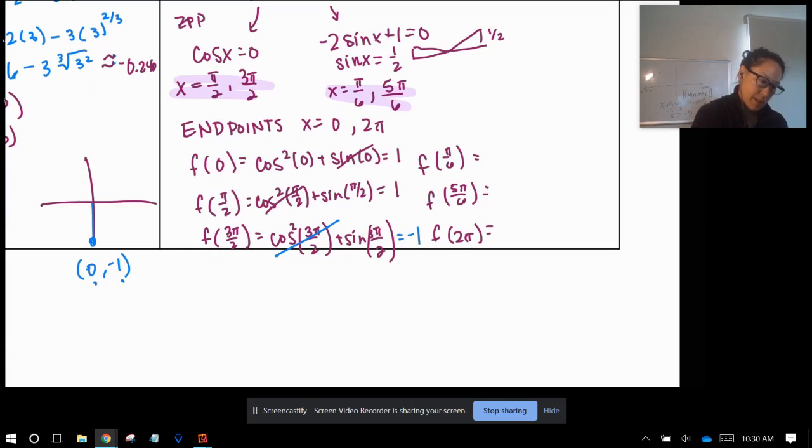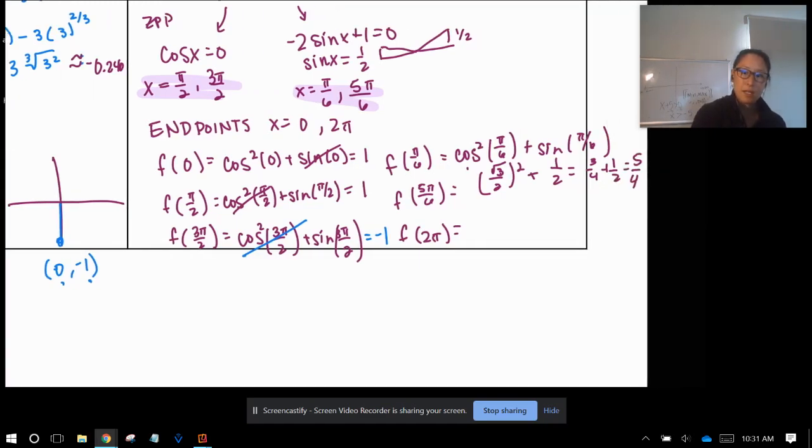We have cosine squared of pi over 6 plus sine of pi over 6. I know cosine of pi over 6 is root 3 over 2, squared, and sine is 1/2. So I get 3 over 4 plus 1/2, equals 5/4. Whew, it's getting tight over there.